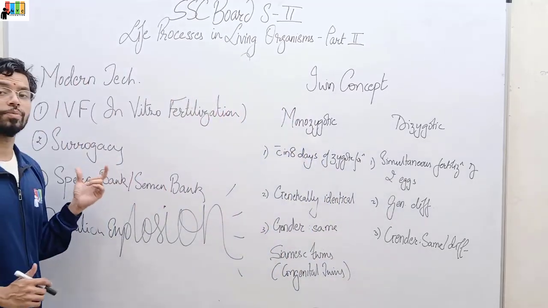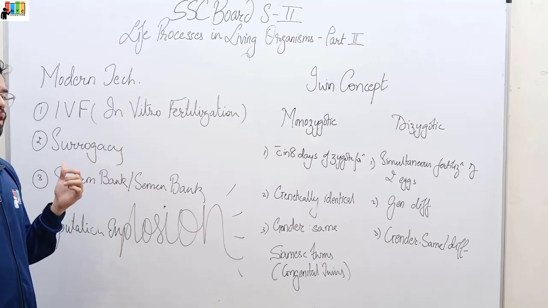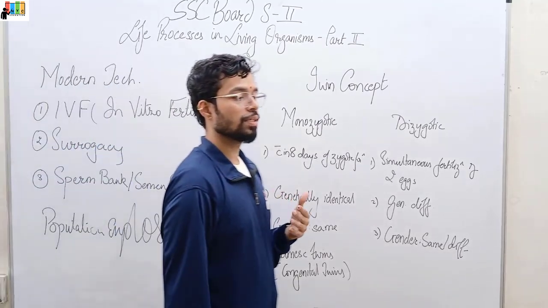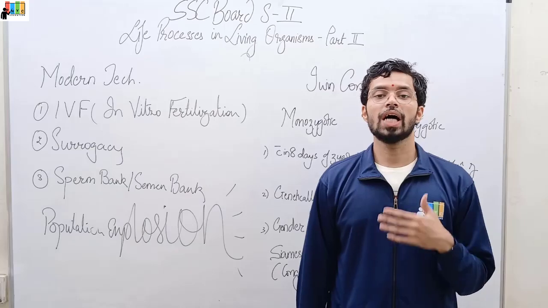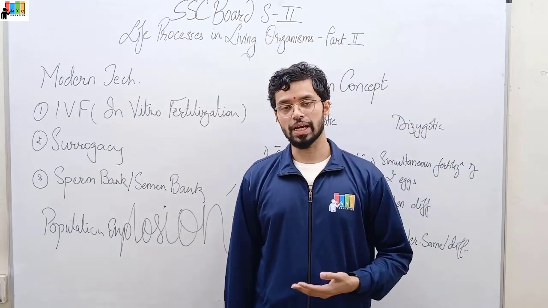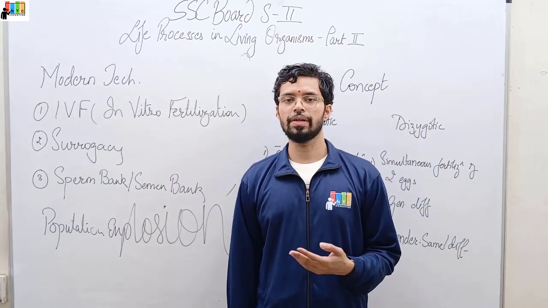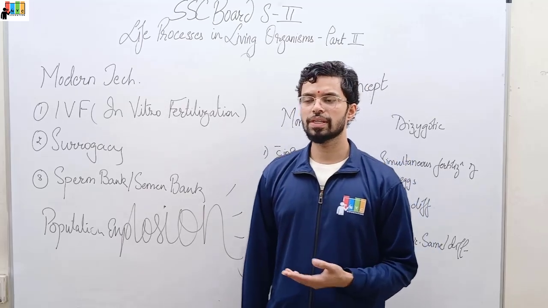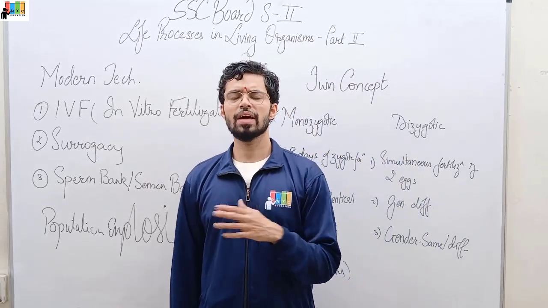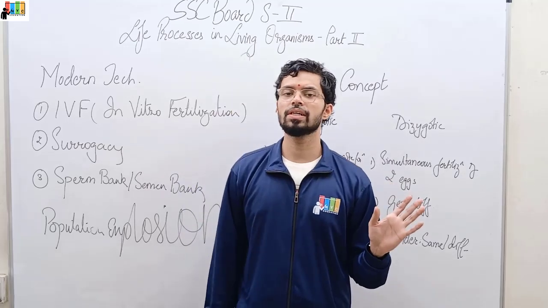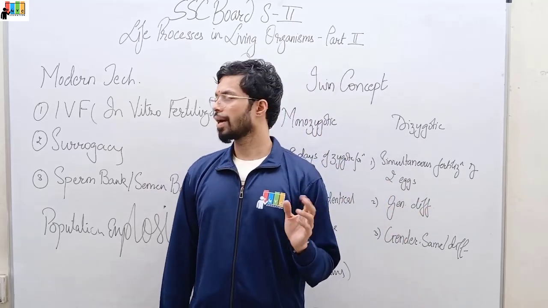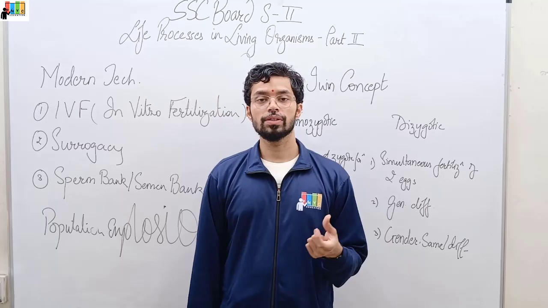Then you have this concept of surrogacy. What is surrogacy? Surrogacy is when the female is unable to bear a child or conceive a child due to a lot of limitations. There can be certain difficulties like PCOD, or other physical limitations that the couple might have. Then you resort to what is known as surrogacy.